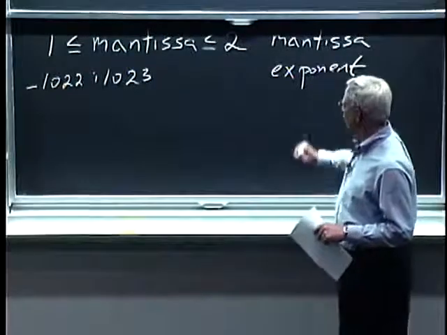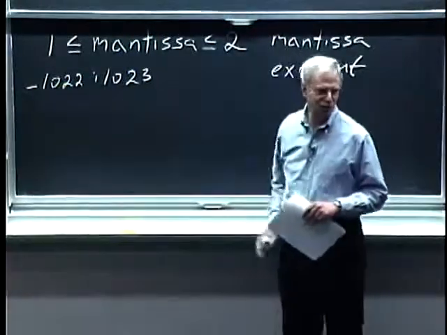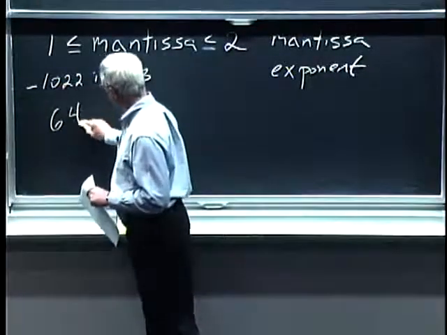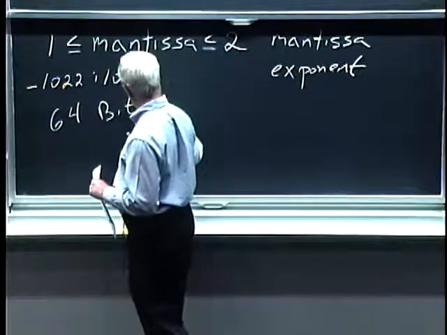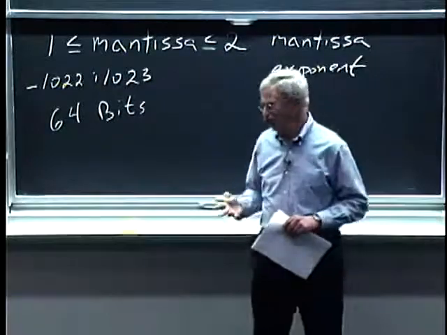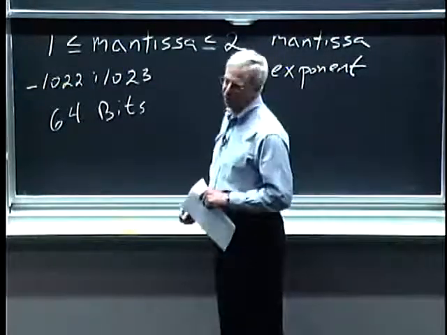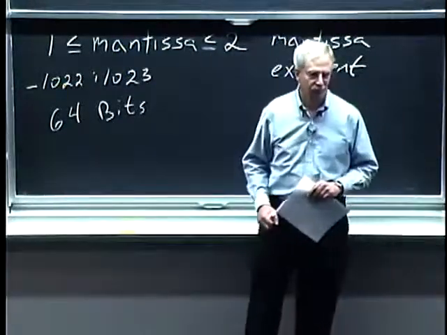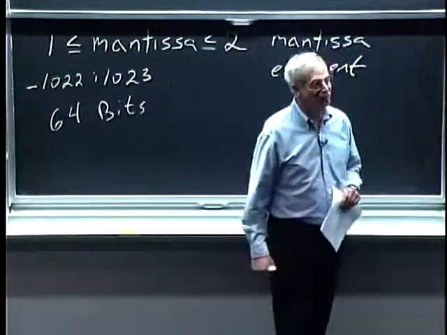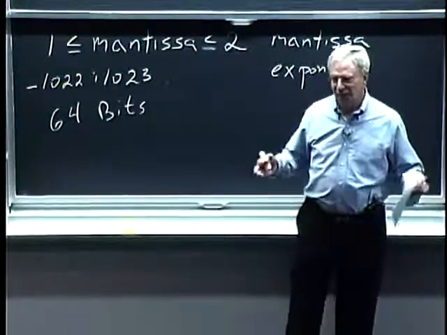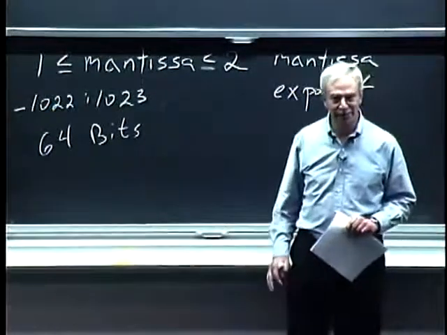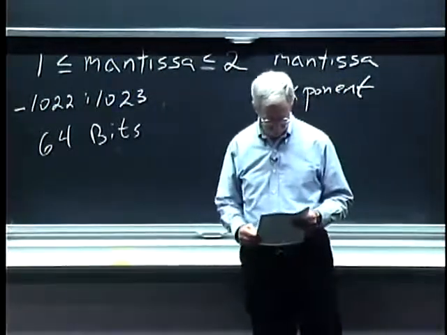Where did these magic things come from? What kind of strange numbers to see here. Well, it has to do with the fact that computers typically have words in them, and the words today in a modern computer are 64 bits. For many years, they were 32 bits. Before that, they were 16 bits. Before that, they were 8 bits. They've continually grown, but we've been at 64 for a while, and I think we'll be stuck at 64 for a while.